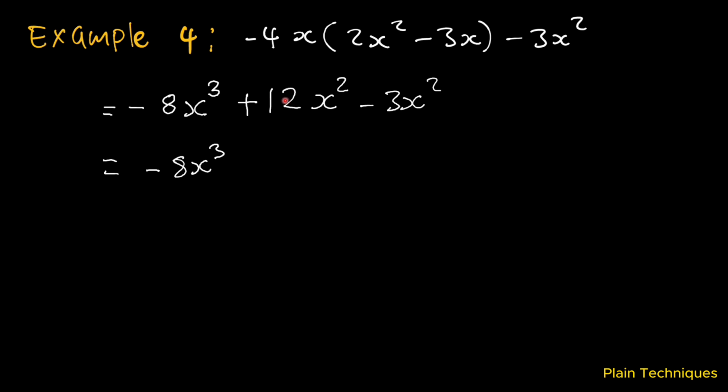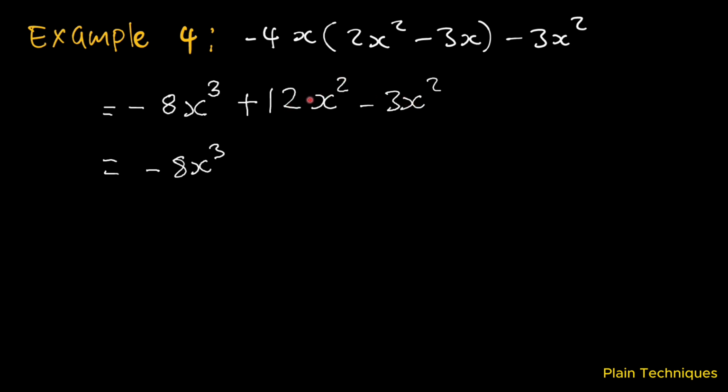Now you go to the second part. You have x squared, right? Is there any other term that has x squared? Yes. So which one is it? Is this one. So you add them together.